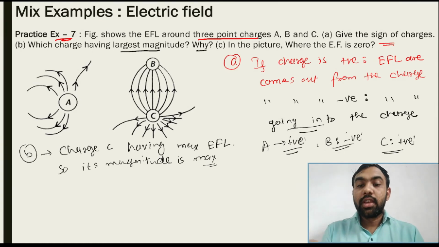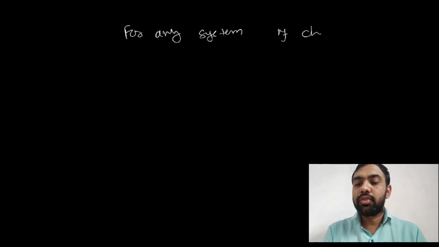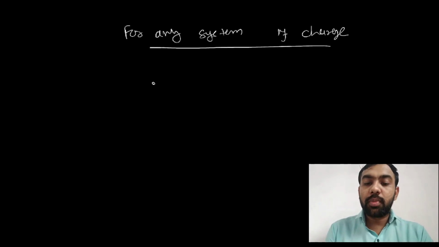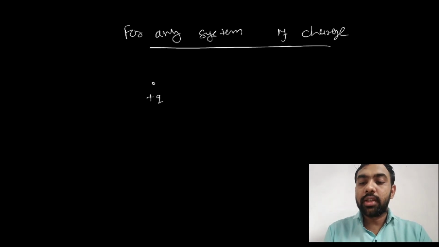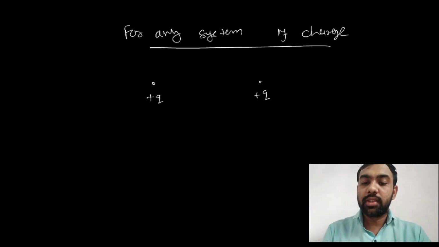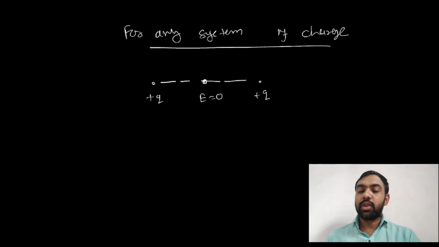If you consider any system of charges, where is the electric field 0? See, you consider a plus q and here another plus q, then the electric field is 0 between the two charges. So at this point the electric field is 0.